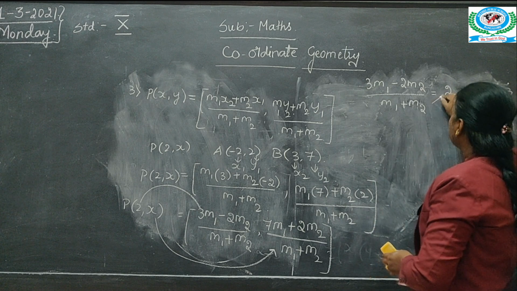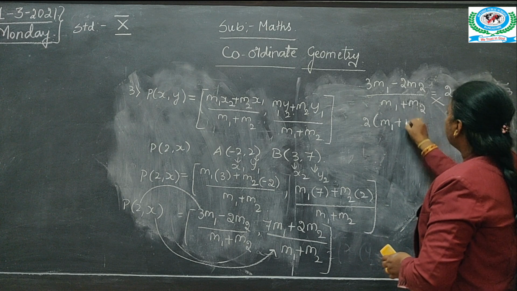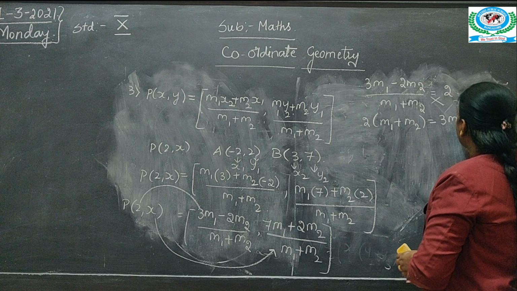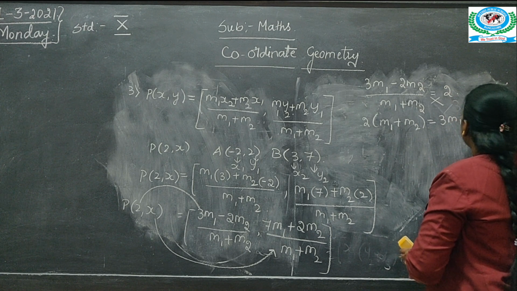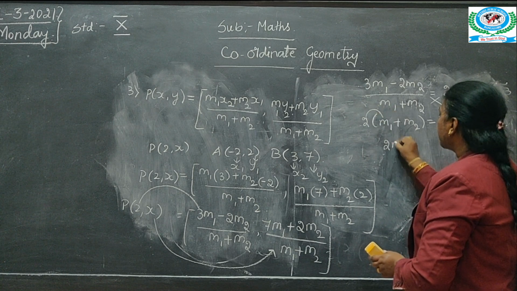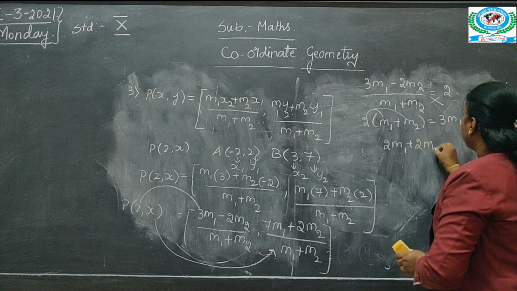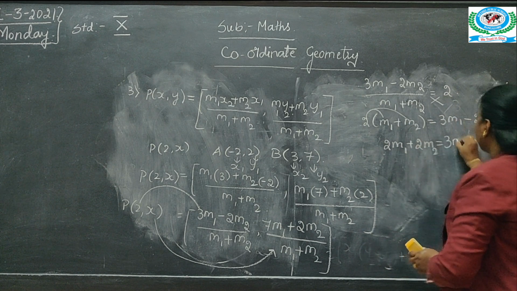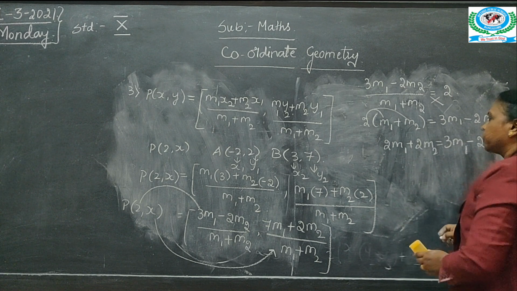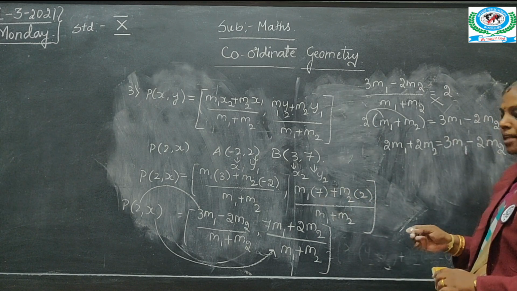Okay, cross multiply. 2 into m1 plus m2 is equal to 3 times m1 minus 2 times m2. So take this 2 inside: 2 times m1 plus 2 times m2 is equal to 3 times m1 minus 2 times m2. Okay, so all m1 you bring to one side and m2 you move to the other hand side.